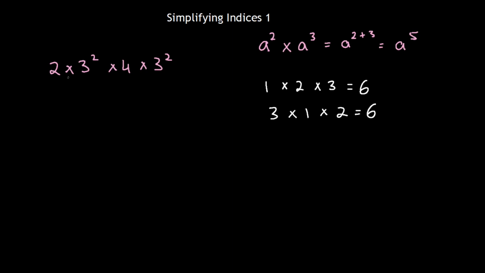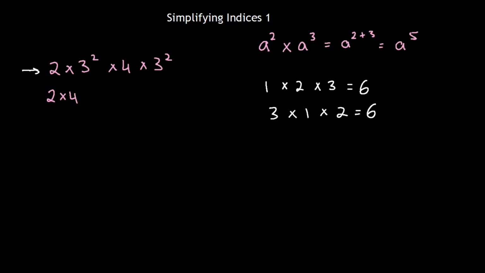So coming back to the indices question here, we can simplify this by rearranging the order. And the way we do it is we sort of collect like terms. You can think of it like that. So we put the numbers together. So I'm going to put 2 and 4 here. So 2 times 4.